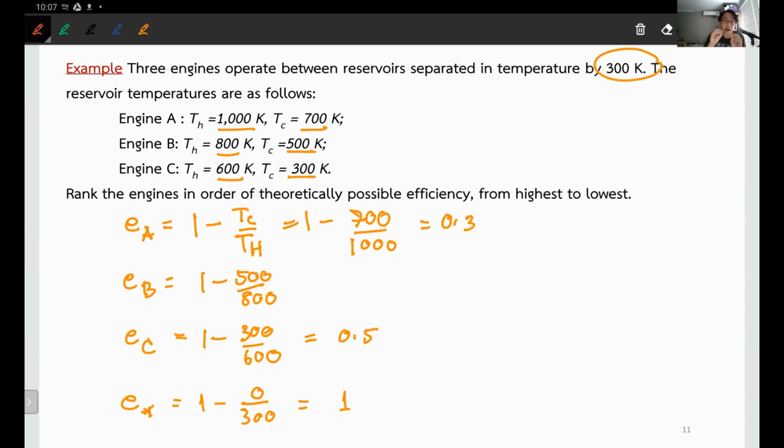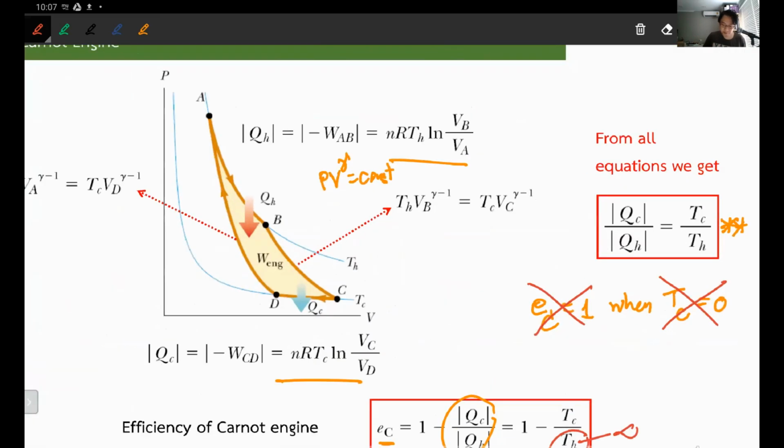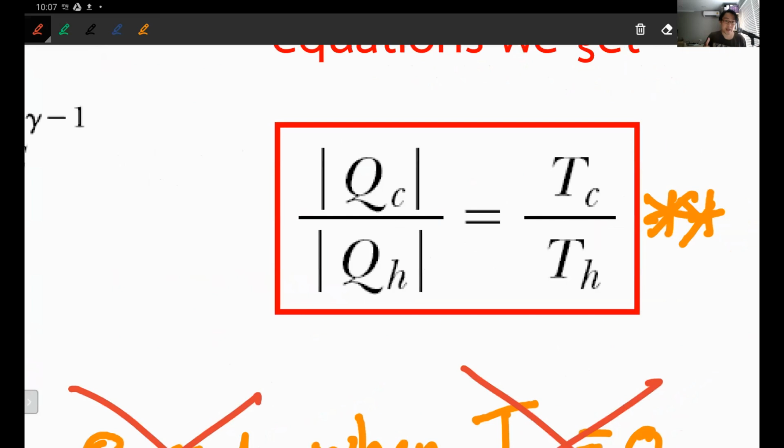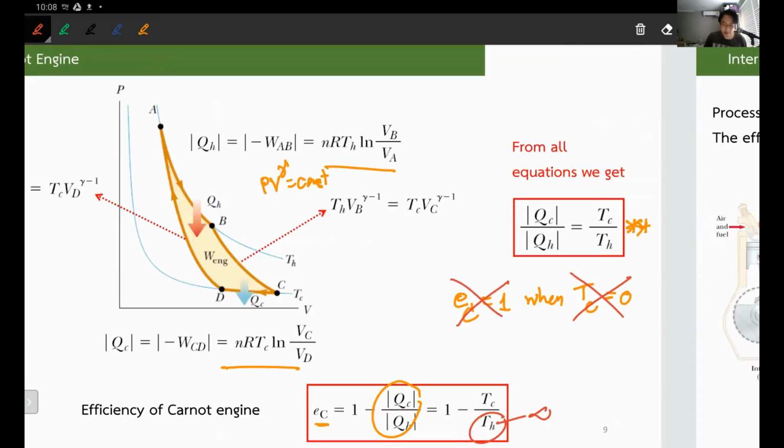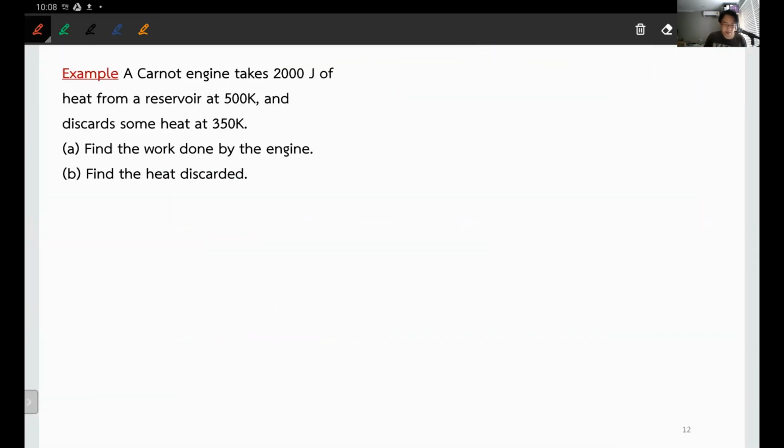Today we just added on top what is meant by efficiency, and that the highest efficiency engine possible, when running an engine between 2 temperatures, is a Carnot engine. Cool. The conclusion is very simple: the ratio between the heat discarded and the heat drawn in is the same as the ratio of the temperatures of the 2 reservoirs. All right, cool.